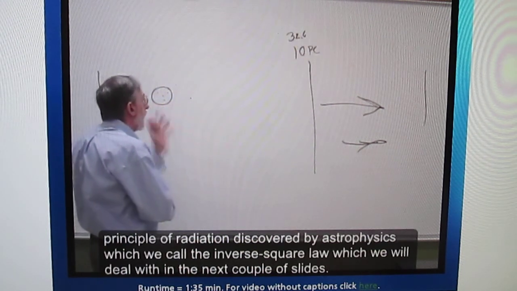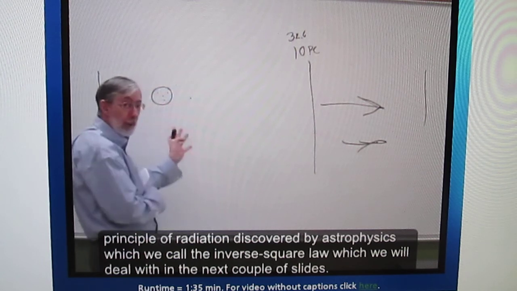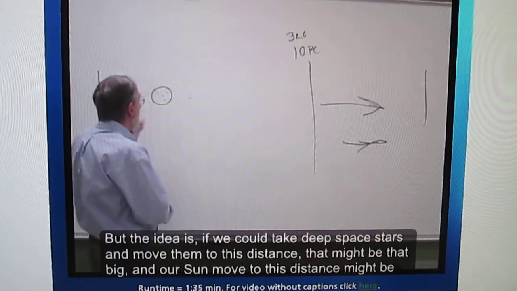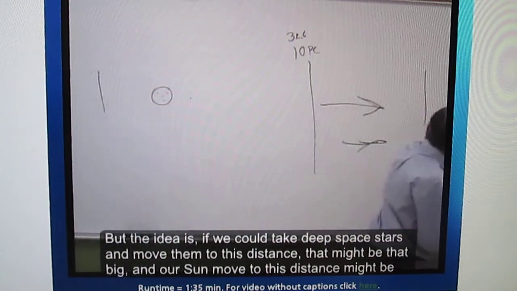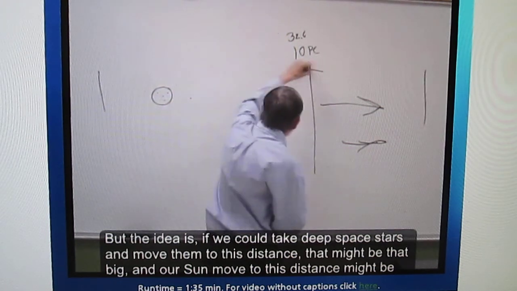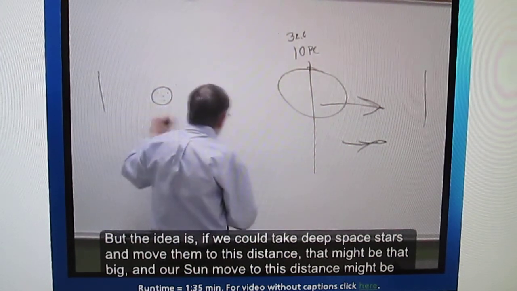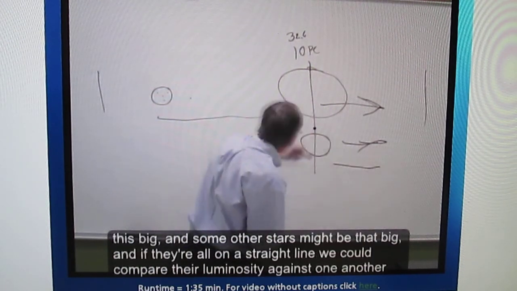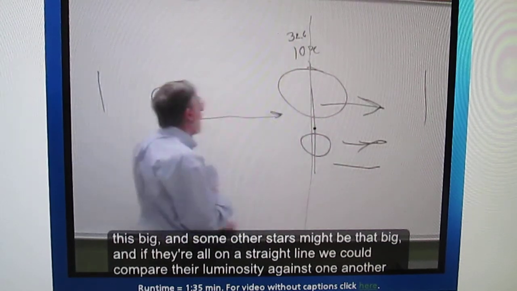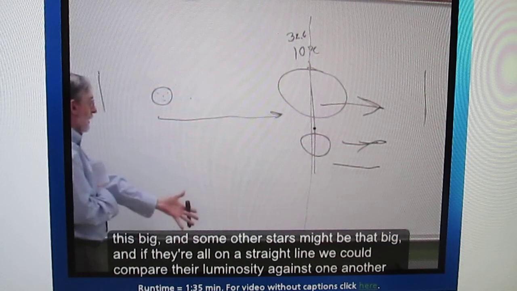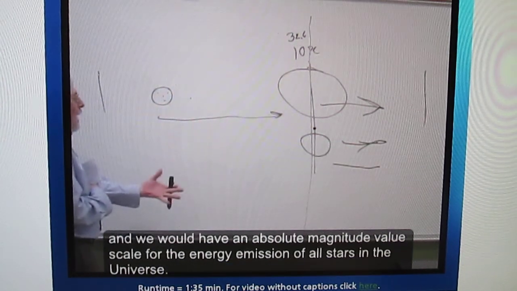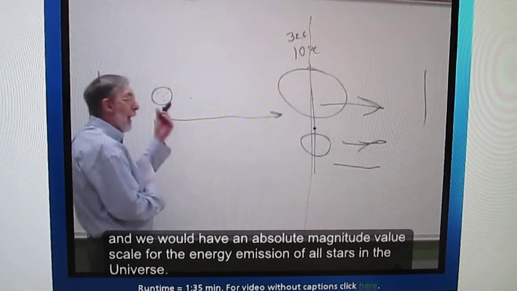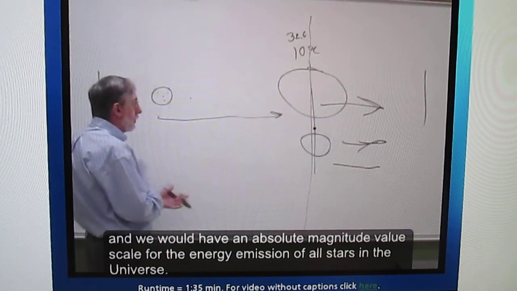So the solution of how we can move all the stars in the universe relies on an important principle of radiation discovered by astrophysics, which we call the inverse square law, which we'll deal with over the next couple of slides. But the idea is, if we could take deep space stars and move them to this distance, our sun moved to this distance might be this big, and some other stars might be that big, and if they're all on a straight line, we could compare their luminosity against one another, and we would have an absolute magnitude value scale for the energy emission of all stars in the universe.